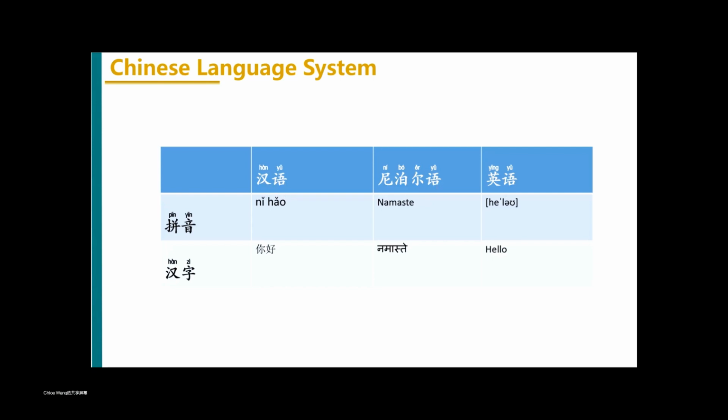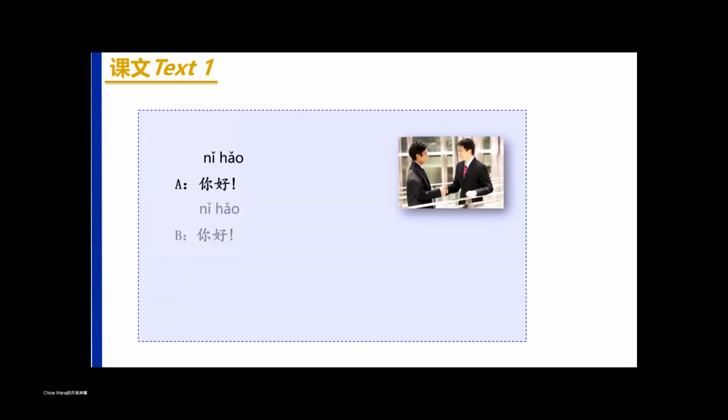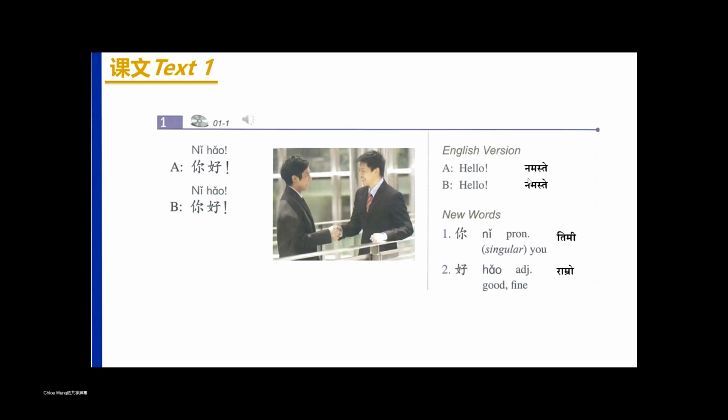Okay, now let's learn some brief introduction. First one is 你好. Whenever we met someone, no matter we know him or her or not, we can say 你好. Hello or namaste. Actually, in the Chinese language, the meaning of 你好 is more similar to the Nepali language instead of English language.